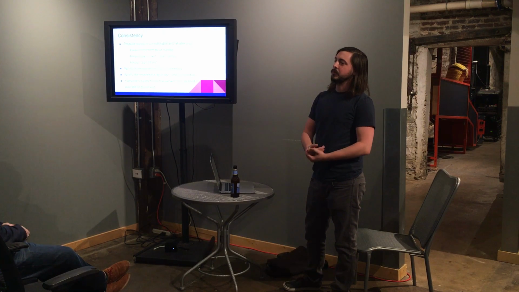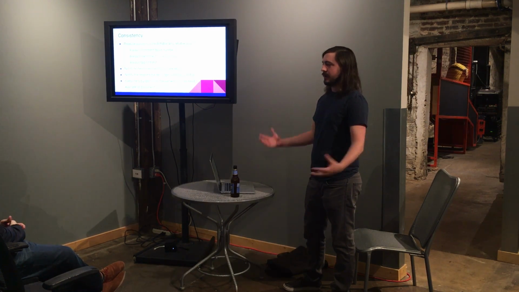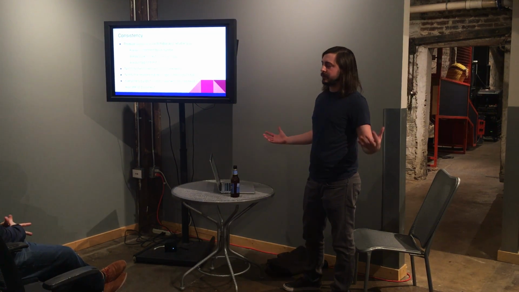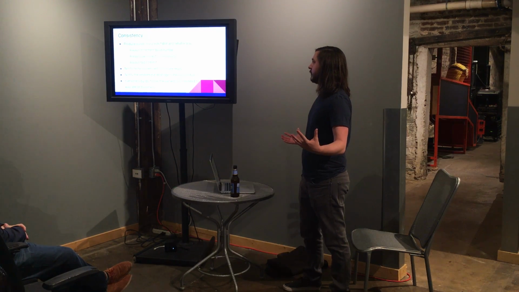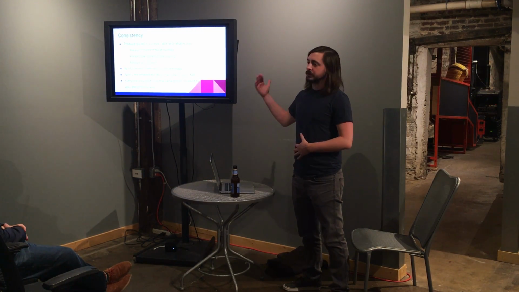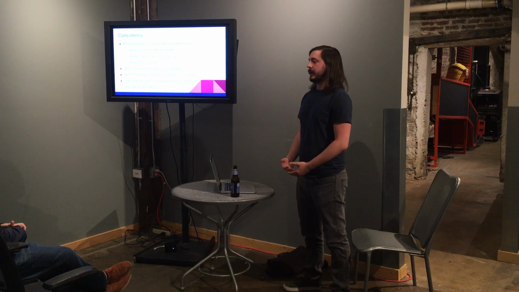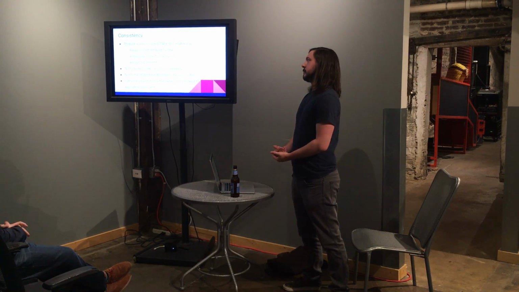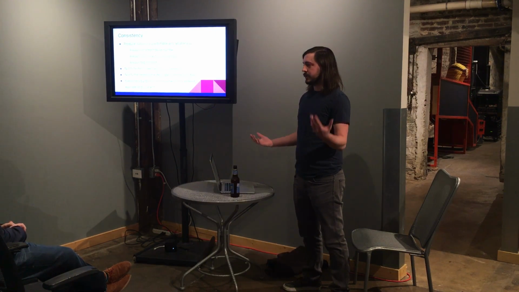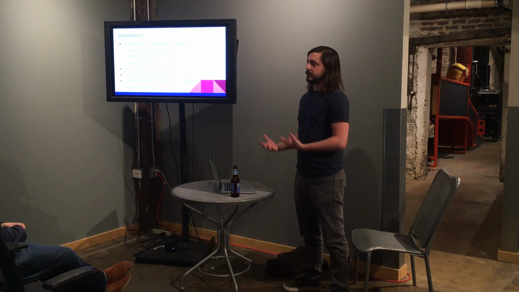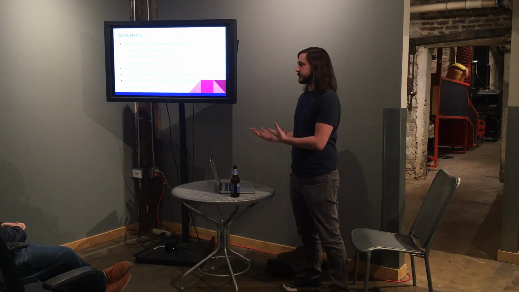So consistency. We want to make builds turn out the same every time, regardless of who made them, where they came from, when they were made. There may be certain things you want to enforce on every build, like, hey, we're always going to increment the build number so that people can tell, this code is different from this code, and this code is the same as this code because it has the same build number.